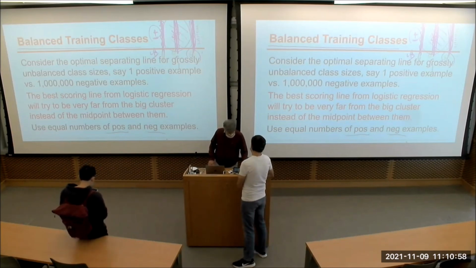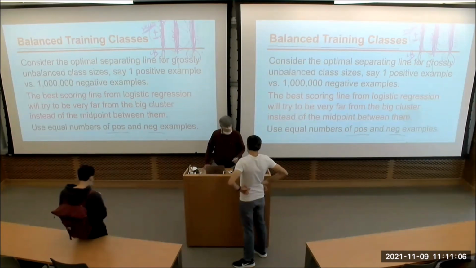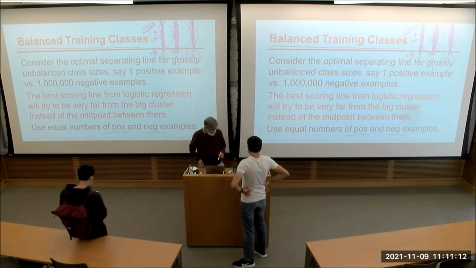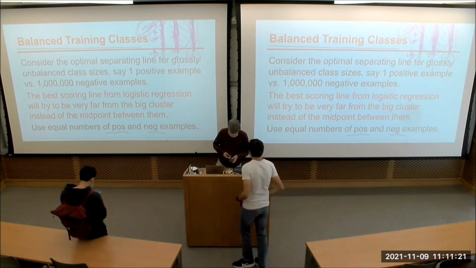If you weighted this as J of W, and you weight this thing very big, that's going to drive the line in logistic regression over. So if you want to be really sure around this one, that's the equivalent of ascribing a bigger weight to those positive examples. And that would do it. Okay, fair enough.